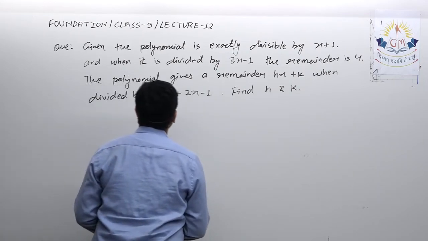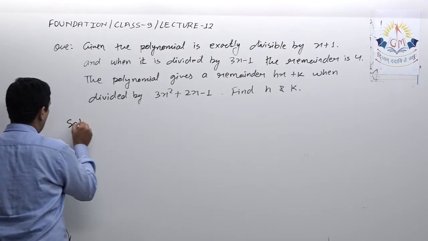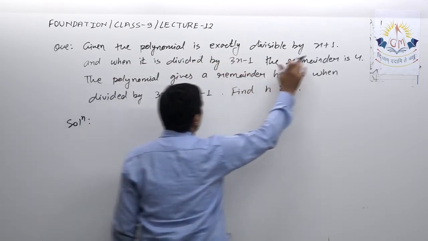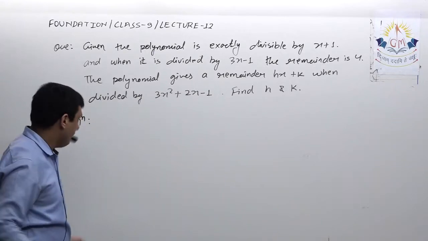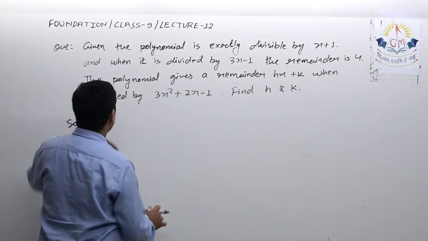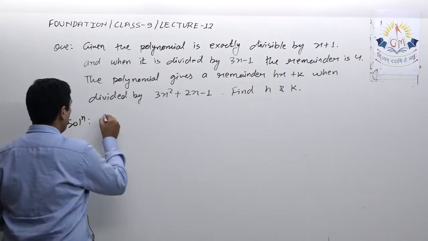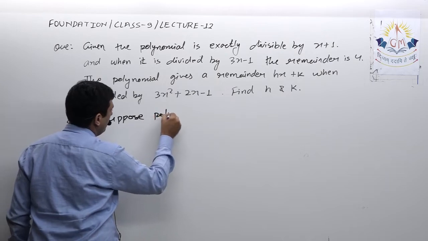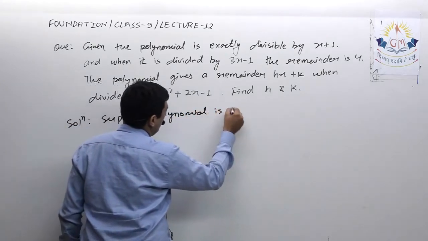Okay, so here it is given the polynomial is divisible by x plus 1. So this particular line gives me very first information, that is suppose polynomial is p of x.